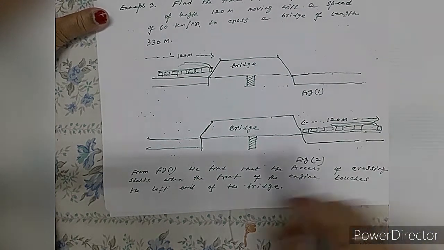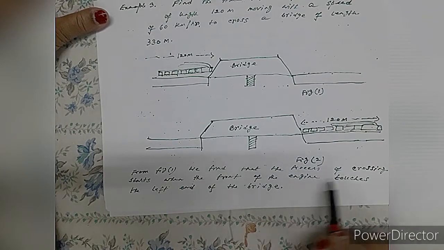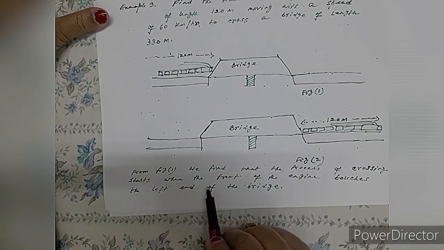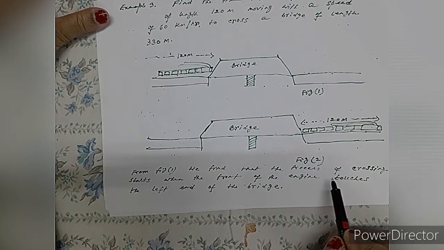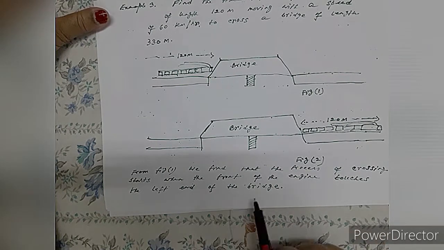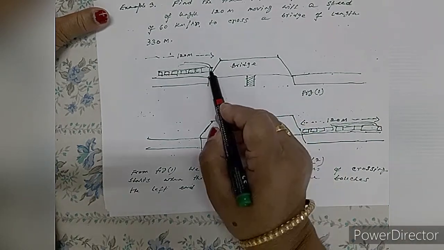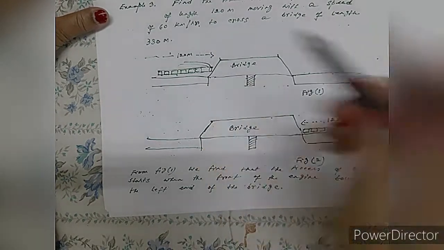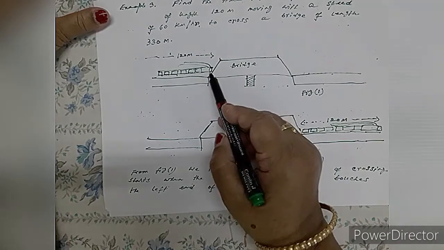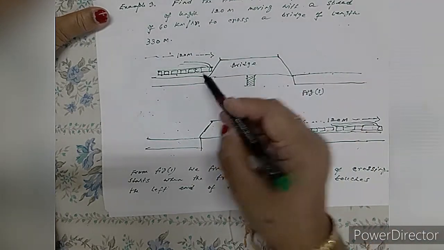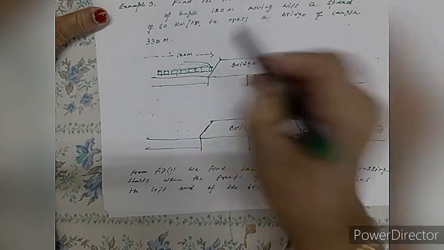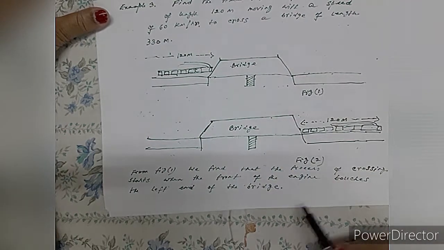So from figure 1 we find that the process of crossing starts when the front of the engine touches the left of the bridge. So here the process of crossing started when the train touches the left of the bridge.